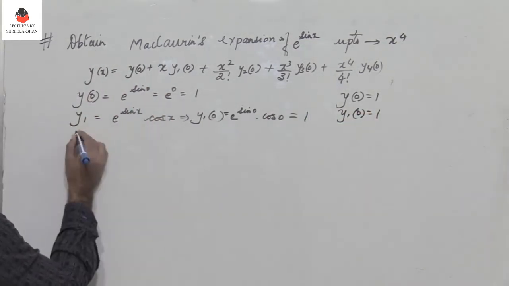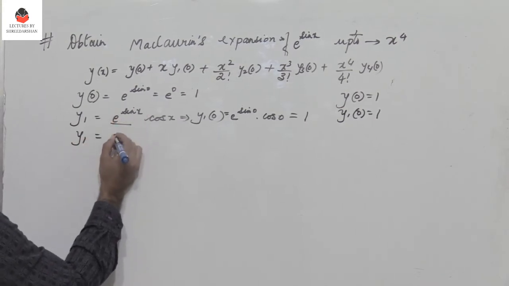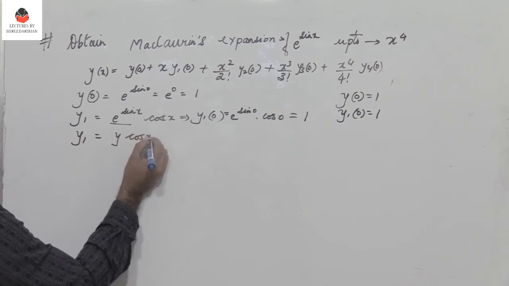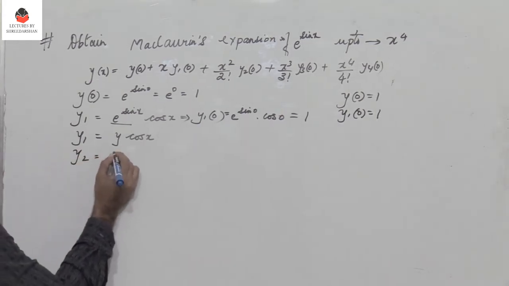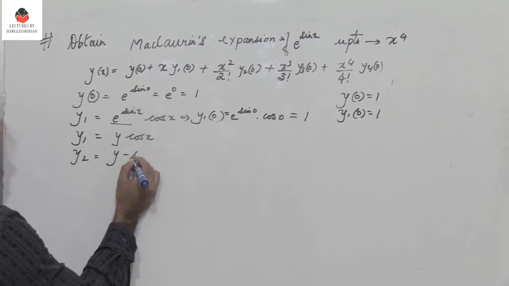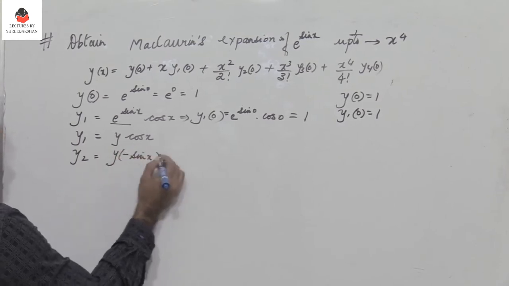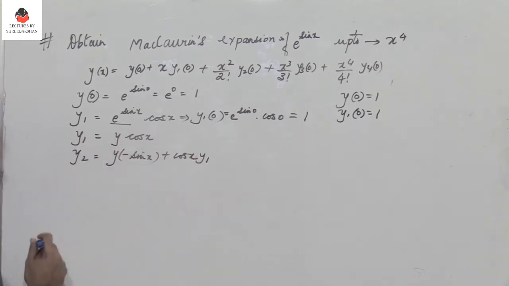So now this expression y1 can be written as e power sine x, which is nothing but y, and then you have cos x, right? So now let me differentiate this expression once again. So y2 equals first function y into differential of cos x, which is minus sine x, plus cos x, differential of y is y1, right?